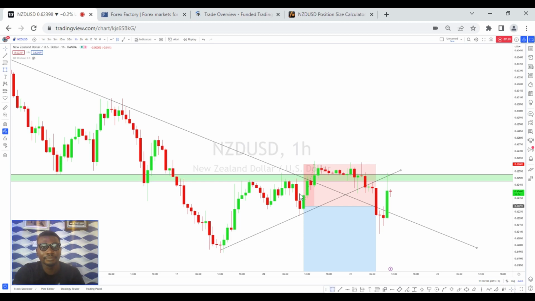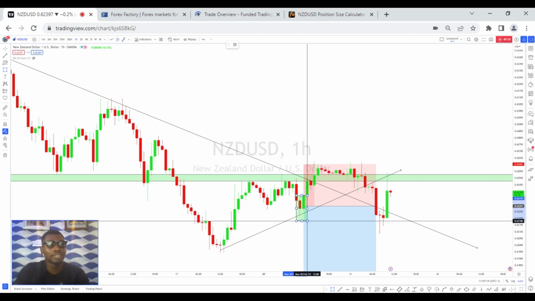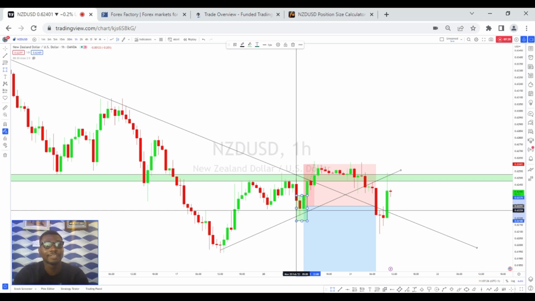Now we had a clean bullish engulfing. This is a total clean bullish engulfing that resulted in the fact that I wasn't able to spot out an entry where it is a bullish market.